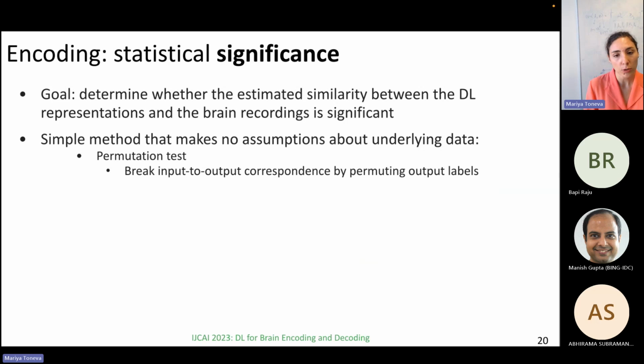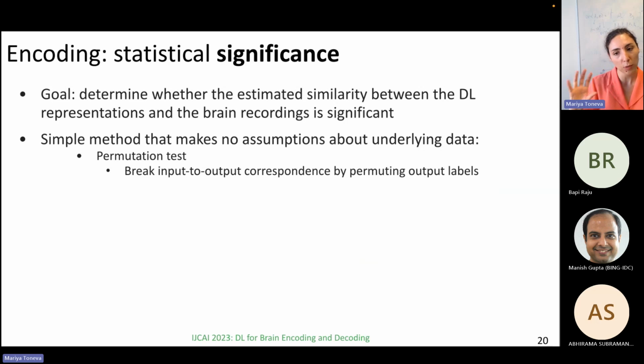So here, what we want to do is break this input to output correspondence by permuting the output labels. There's some X, which is the stimulus representation, which goes into the encoding model, and some Y, which is the brain response that corresponds to the same samples. And so we want to break this input to output correspondence.